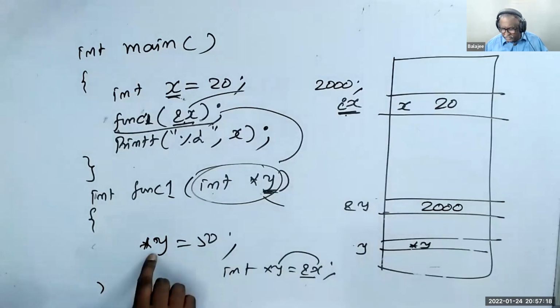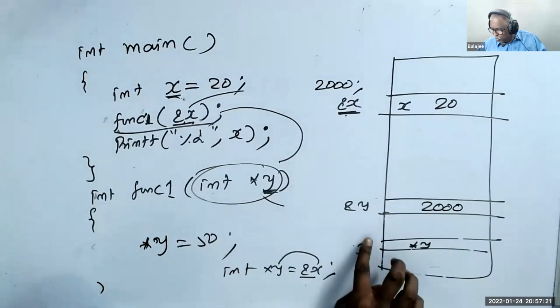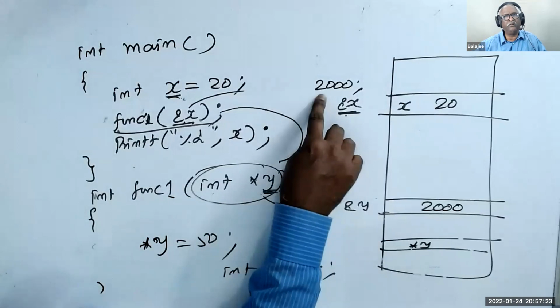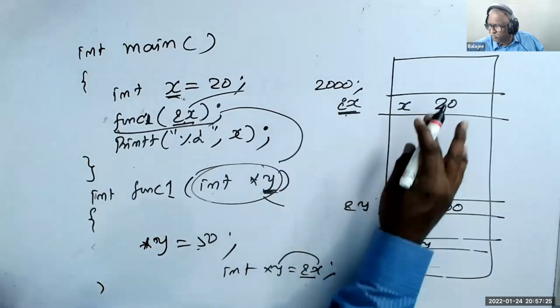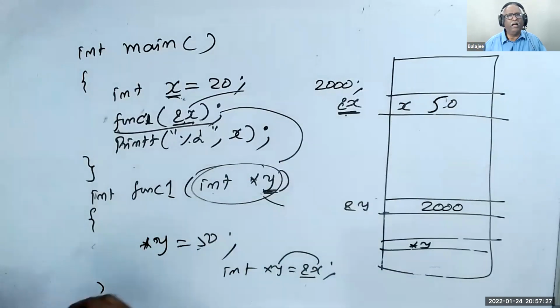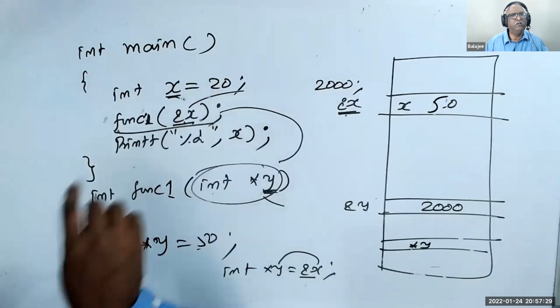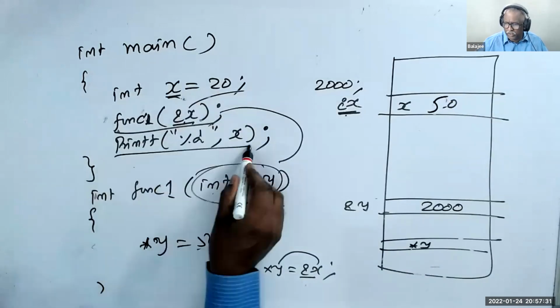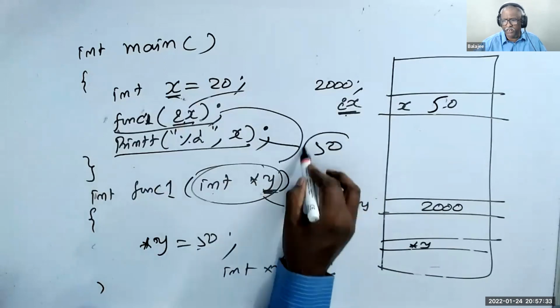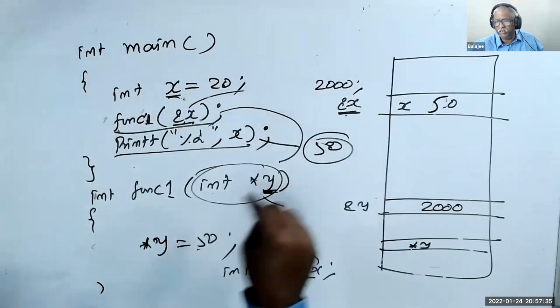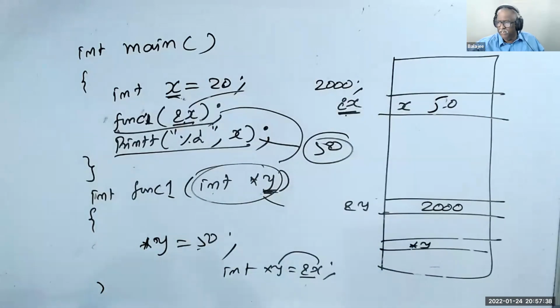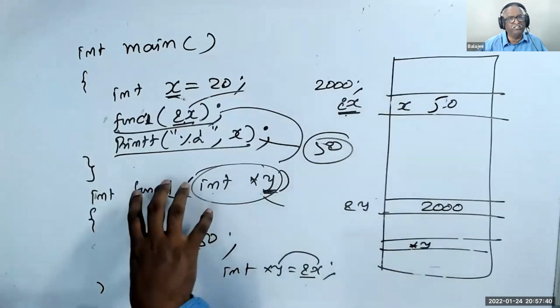Now when I say star Y, the Y becomes 2000. So I go and save here 50. I'm changing your variable. Now when you print here, you will get 50, not 20, because you have changed it here. So your variable is changed by the function.